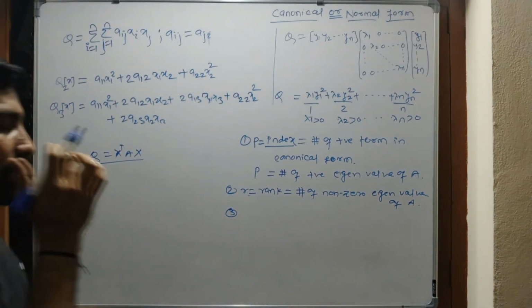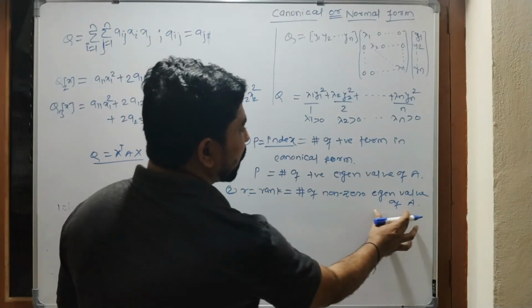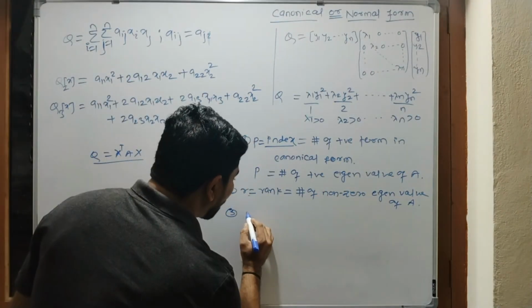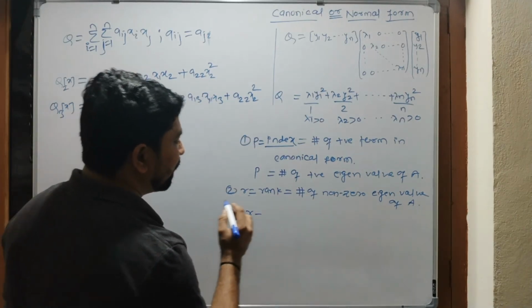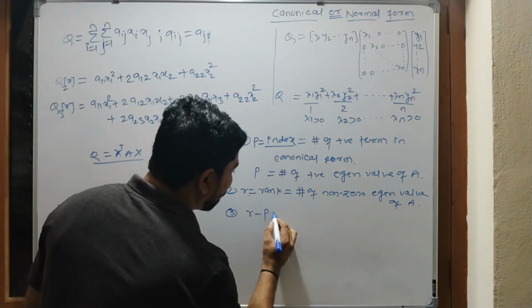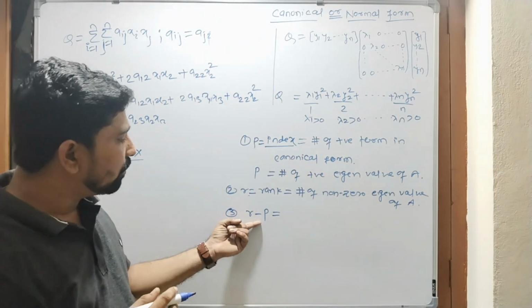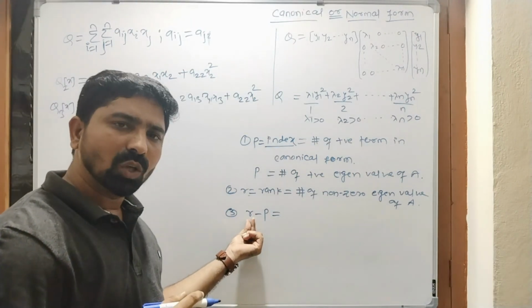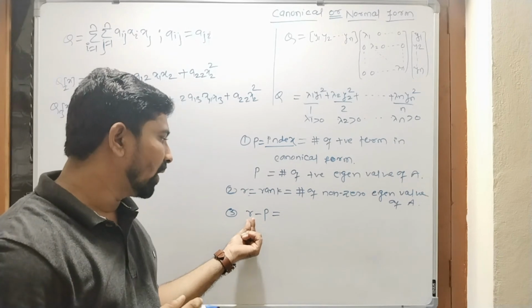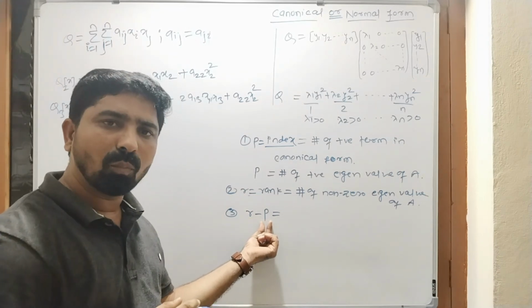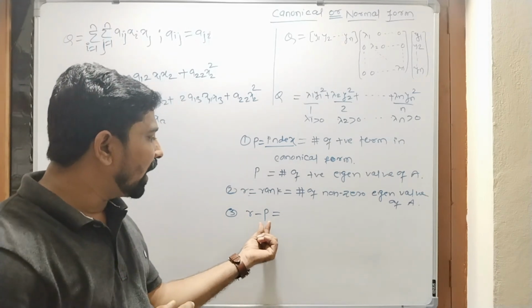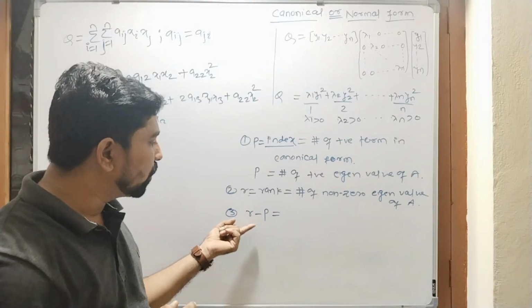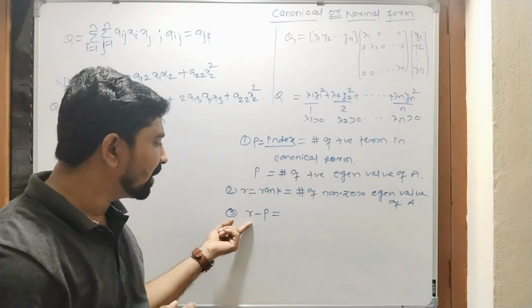Third thing: what is meant by signature? Since the number of non-zero eigenvalues is R, and the number of positive eigenvalues is P. Here R is the number of non-zero eigenvalues, meaning positive as well as negative eigenvalues, and P is the number of positive eigenvalues. So I am subtracting the number of positive eigenvalues from the total eigenvalues, positive as well as negative.